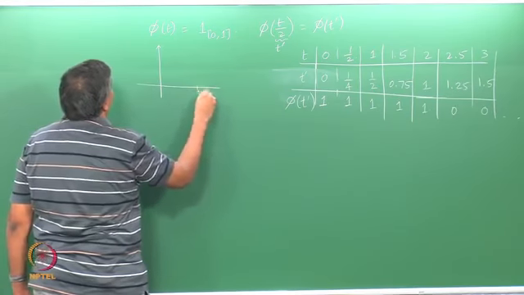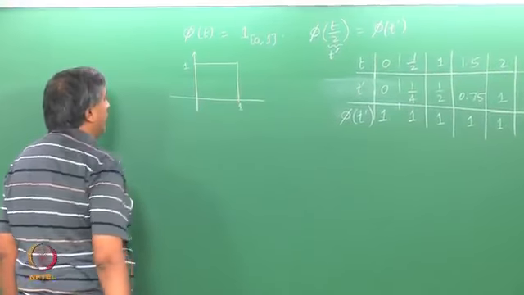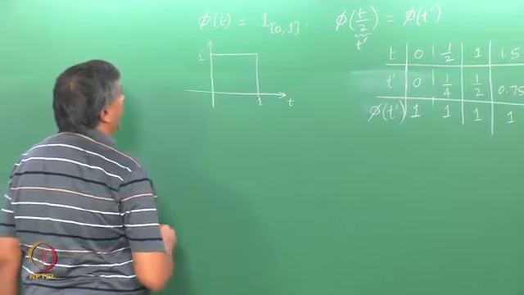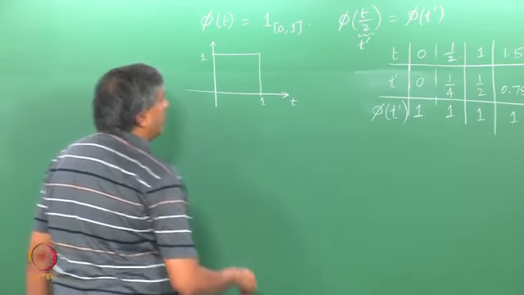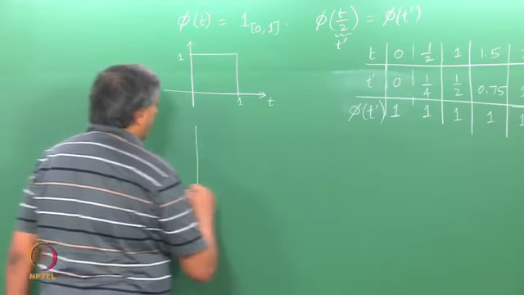This is how phi of t looks like, and let us say this is 1 and here is 1. Here the x axis is t, y axis is phi of t. Now, I am going to draw phi of t prime or phi of t by 2.